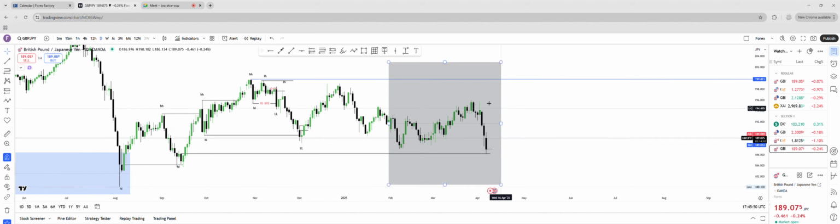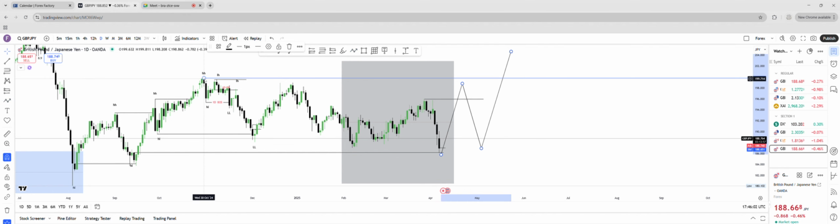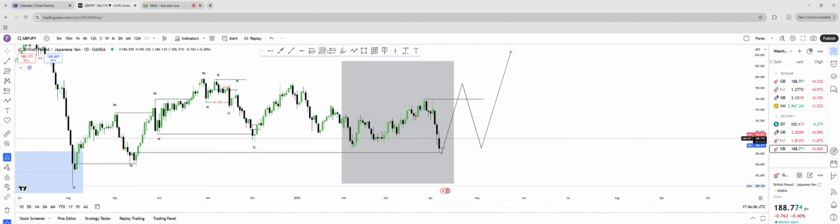Now, any high that came into this area, as soon as that high got broken, which is somewhere here, it will tell us that the market has shifted structure to the upside. So we will now be targeting the high that was created. Where? From here, from this low to this high, now to here, to wherever we might have created the high from.